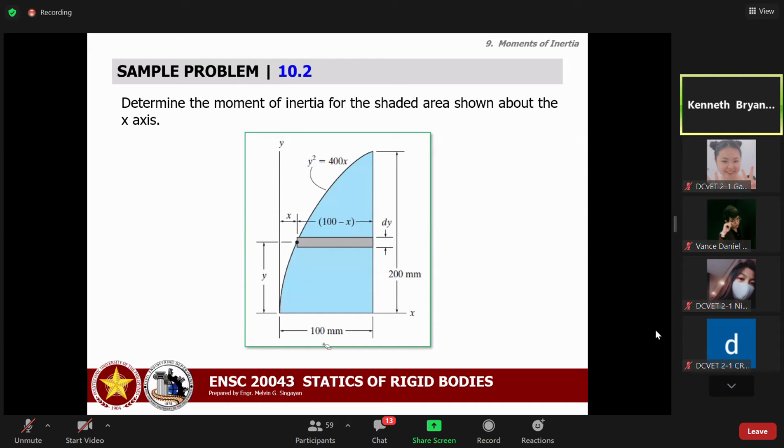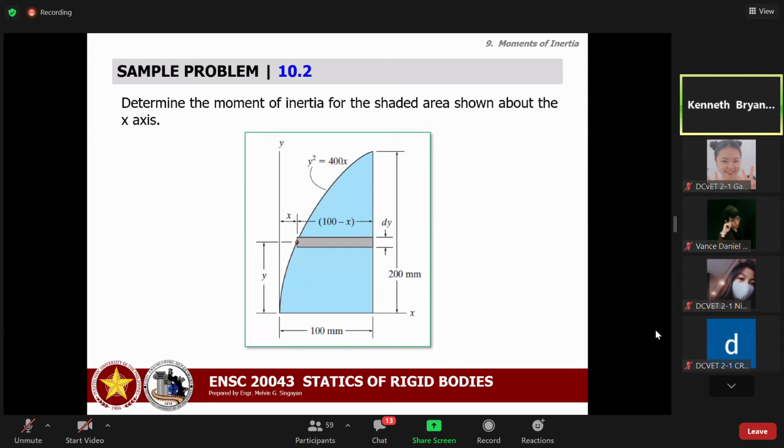So, determine the moment of inertia for the shaded area shown about the x-axis. So, this is the shaded area. This is the area curve, which has an equation of y squared is equal to 400x.